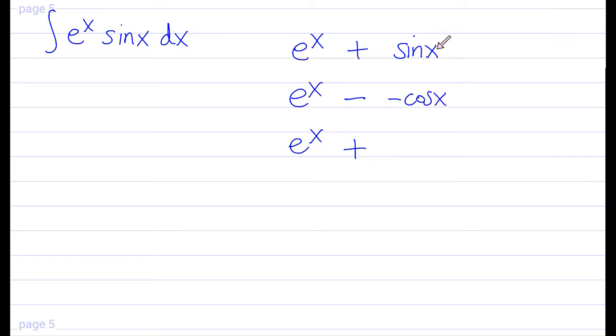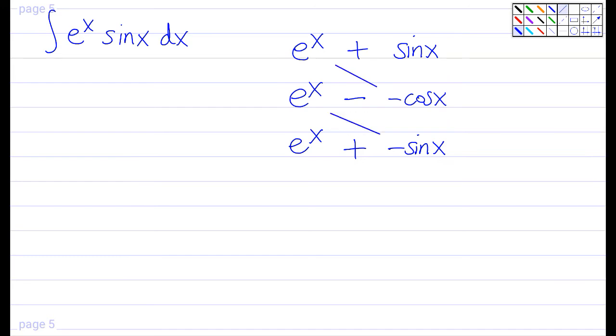The derivative of sine of x is cosine of x, but the integral of sine of x is minus cosine. The integral of minus cosine is minus sine of x. Sometimes just to check this, I take derivatives going back up just to make sure that I'm getting the right thing. The derivative of minus sine is minus cosine, and the derivative of minus cosine is sine. Looks like we're good. Okay, draw my diagonal lines.